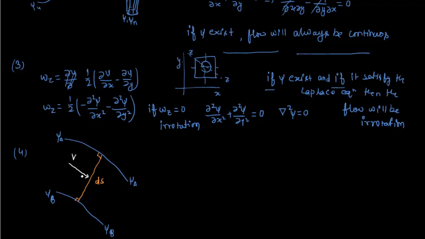So in this case we want to define the discharge. Discharge will be equal to v into ds. When the velocity and the cross section area are perpendicular to each other, we can define discharge as v ds.